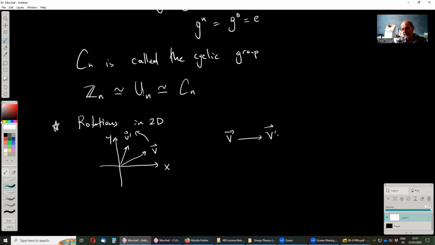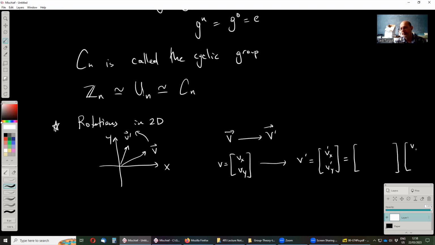So this is some kind of a linear map. I can think of this as a transformation of the coordinates. The V vector has a coordinate, and you transform it to another vector where the X and Y coordinates are different, but they are related to the old coordinates by some kind of a transformation.